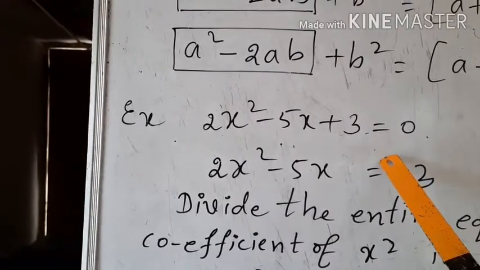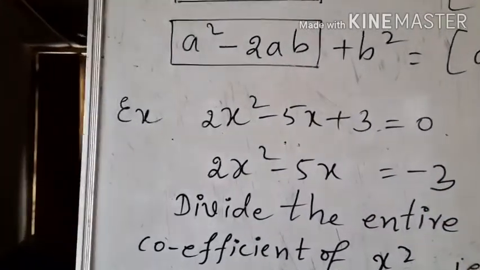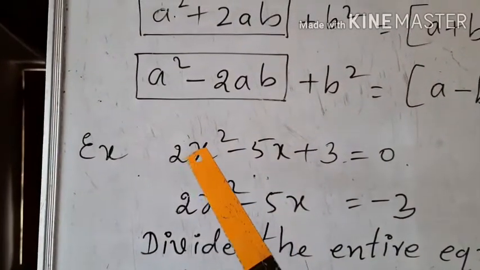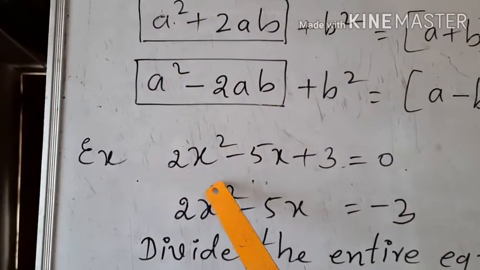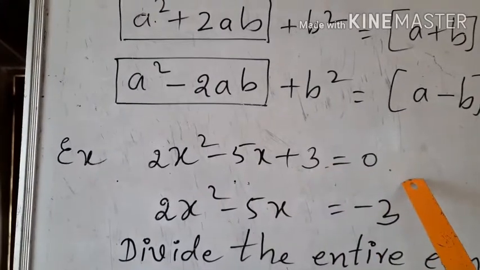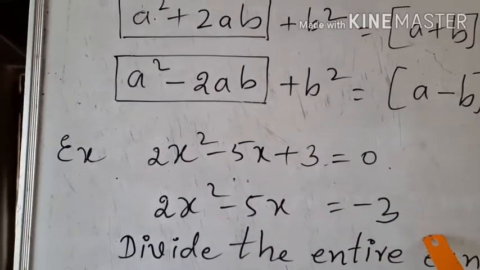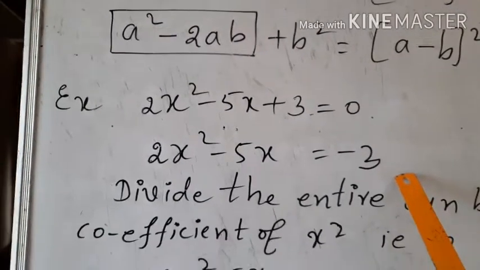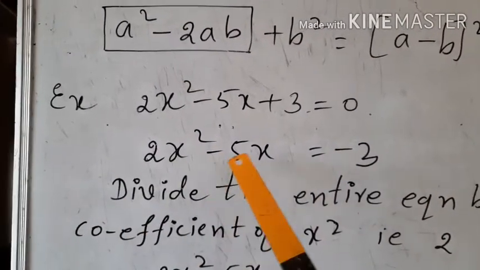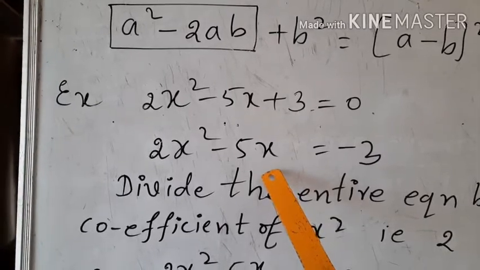Let us see. See here, the first thing, it is in the form of ax square plus bx plus c is equal to 0. Here I send this plus 3 to this side, it becomes minus 3. Therefore, this side 2x square minus 5x remains, right?